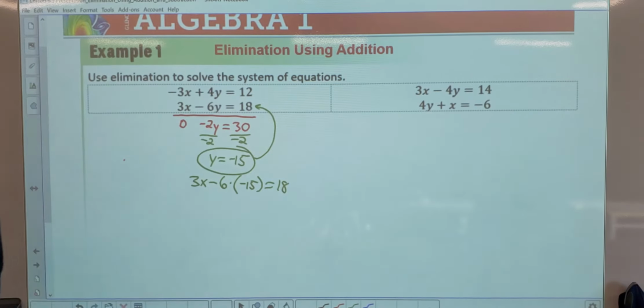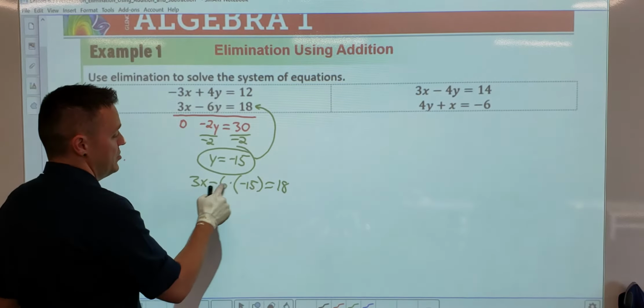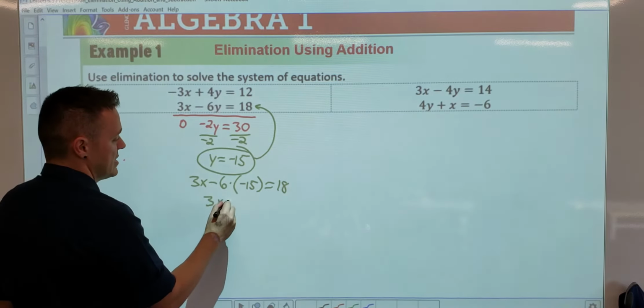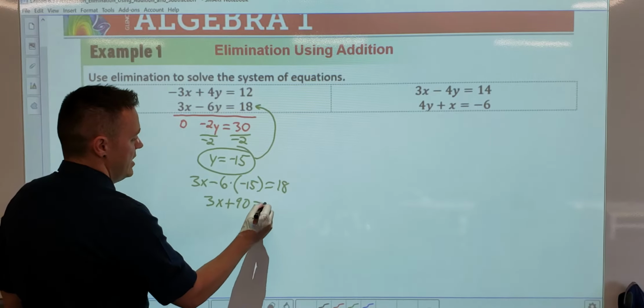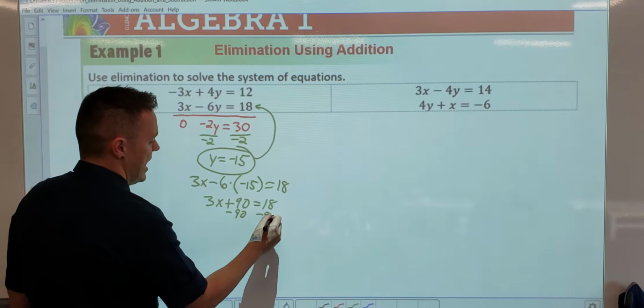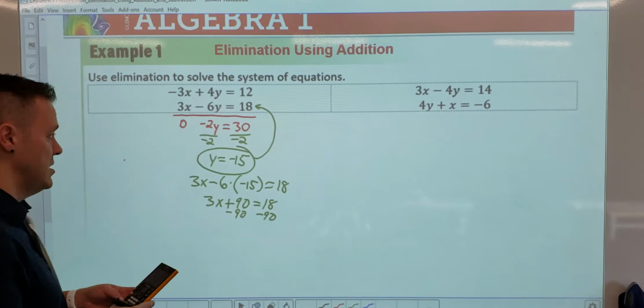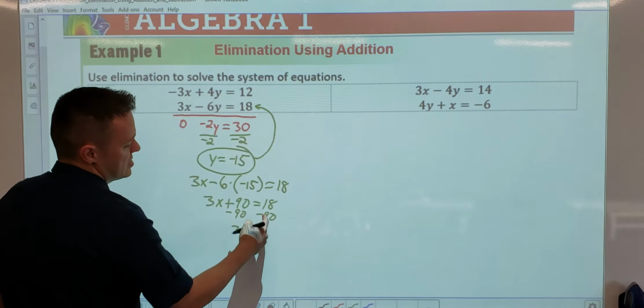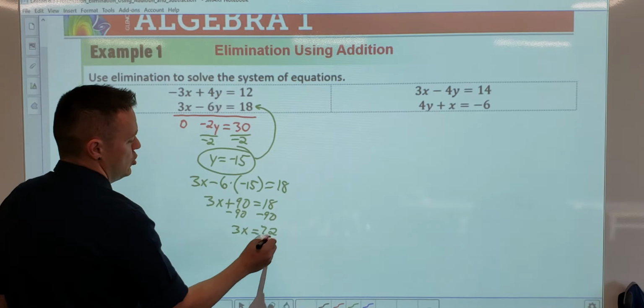Now, I don't know off the top of my head what that is. Actually, that'd be 30, 60, that'd be 90. So negative 6 times negative 15 would be 3x plus 90 equals 18. Then you subtract 90 from both sides, and you end up, ladies and gentlemen, with 3x equals 72.